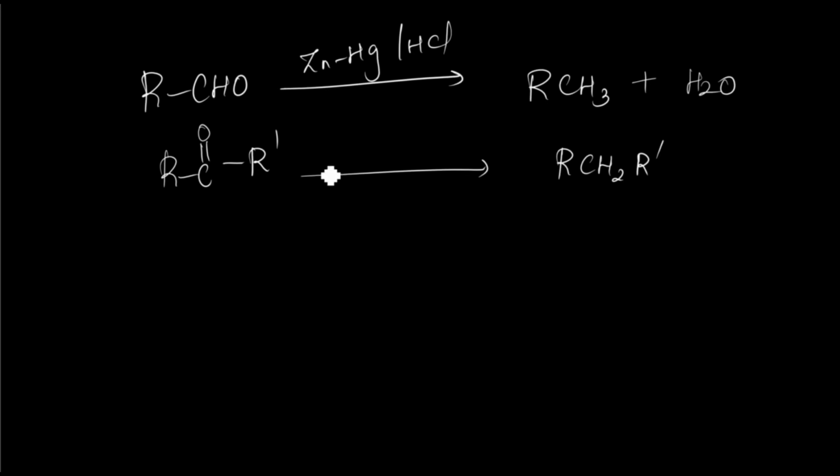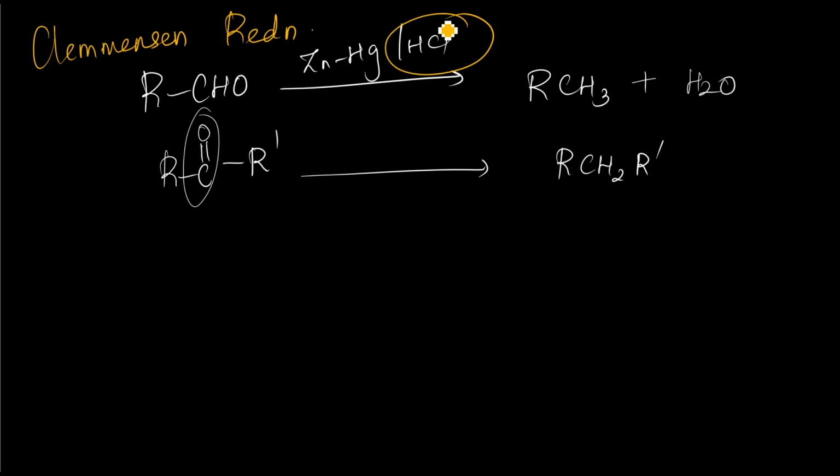What happened here is the C double bond O of the carbonyl group got converted to CH2. That is an easy trick you can remember. This reaction is called Clemmensen reduction.